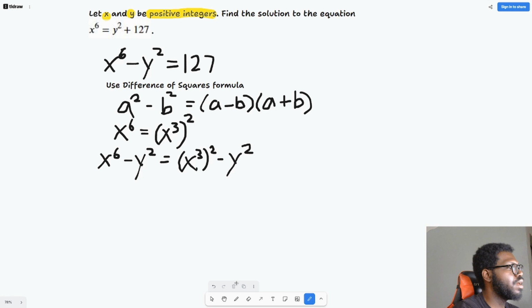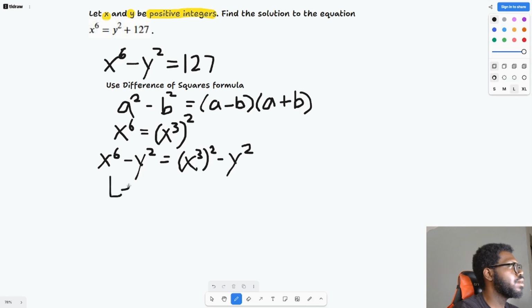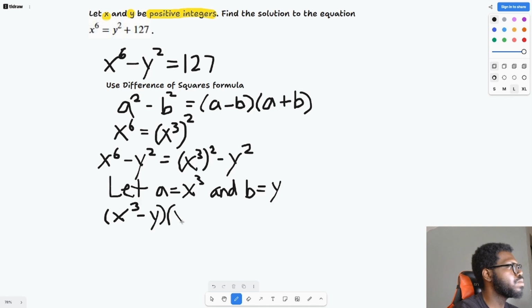Now I'm going to say that we can let a equal x cubed and b equal y. If we make this substitution, we get x cubed minus y times x cubed plus y is equal to 127.